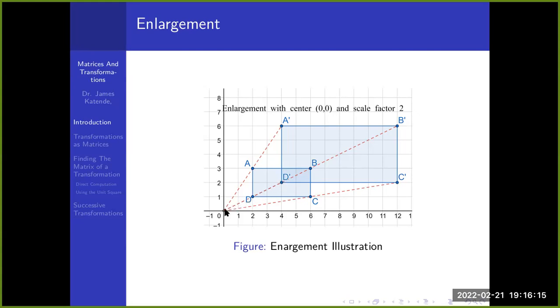And the ratio of the distance from the origin to D prime to the distance from the origin to D should be the scale factor itself, 2. So the distance from the center of enlargement to D prime should be twice the distance from the origin to D, because the scale factor is 2. And the line from the center will go through both points. It happens for all the other points. You can see the same is true for A and A prime, C and C prime, and so on.